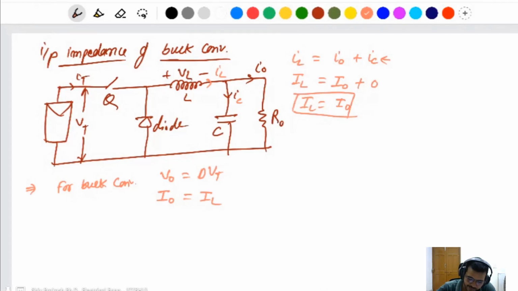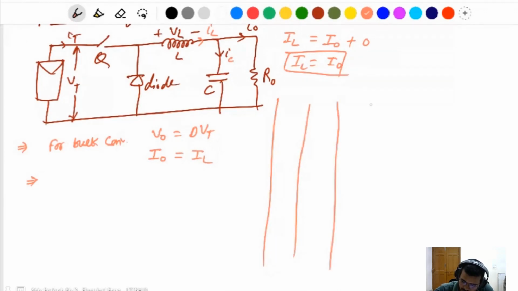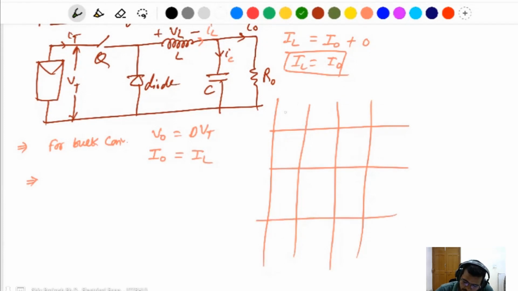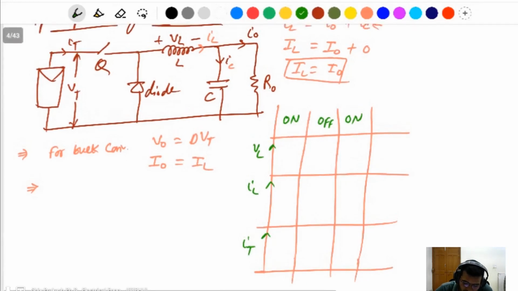But we require the input current. For the input current, see here, this is on time, this is off time, and this is on time. Inductor voltage, inductor current, and this one is the input current, IT.